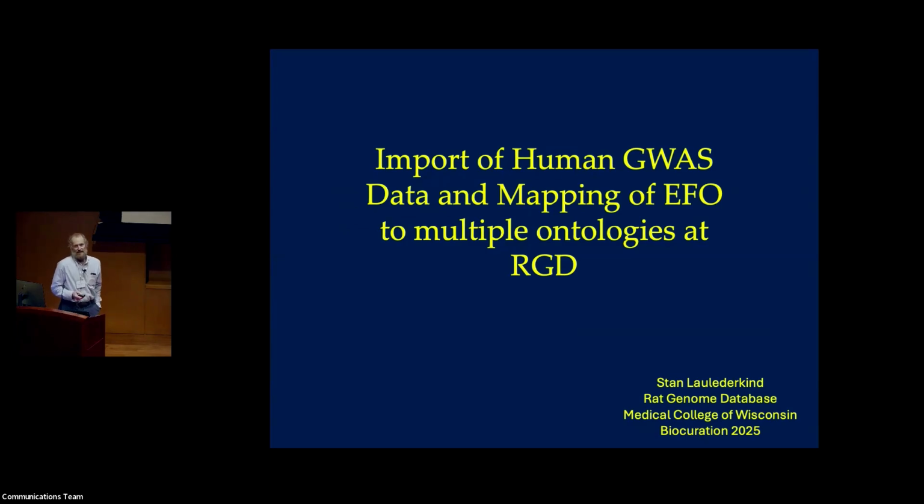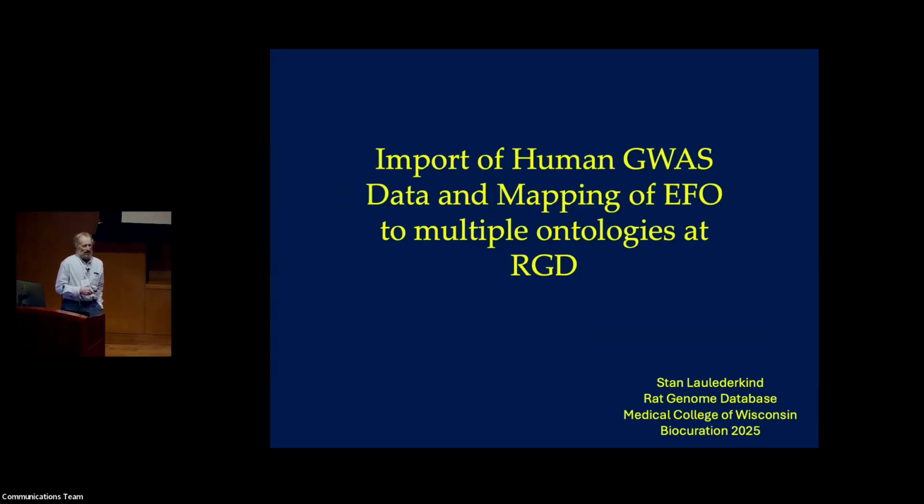And since one of the main needs of a model organism database is to connect preclinical data with human data, we wanted to import GWAS SNPs from the NIH EBI human GWAS catalog.